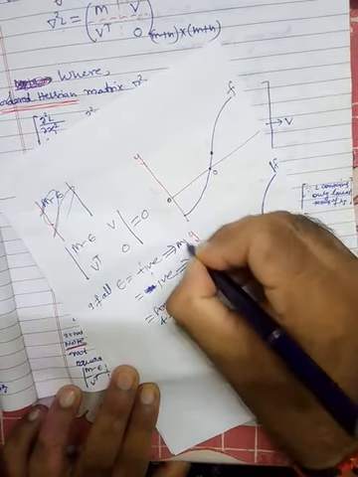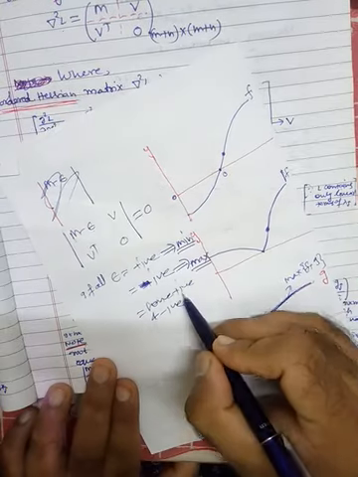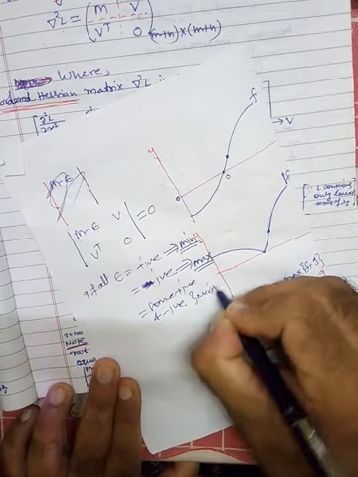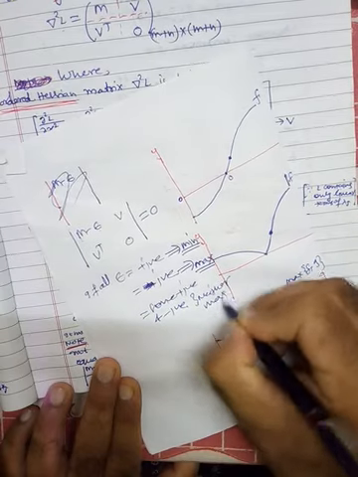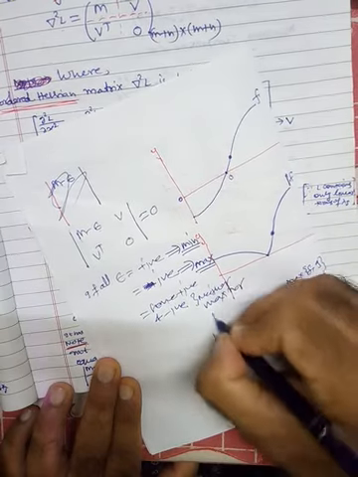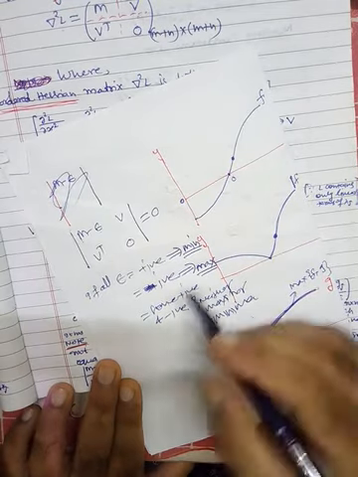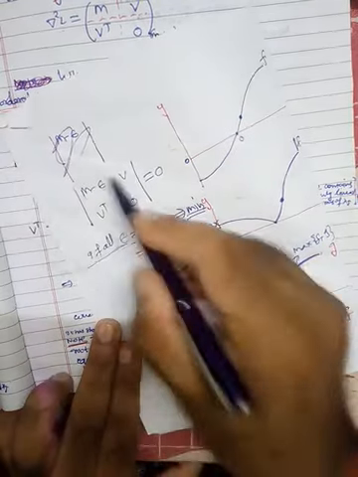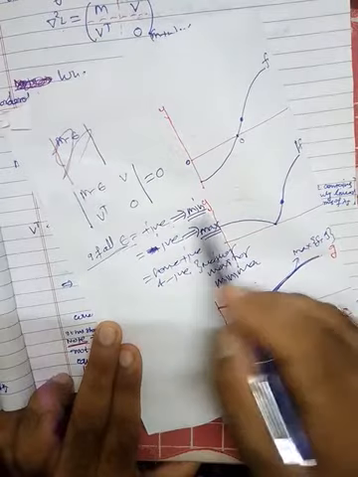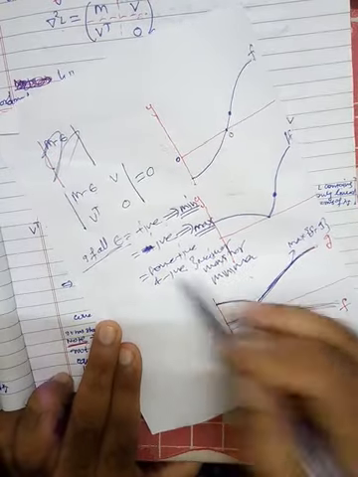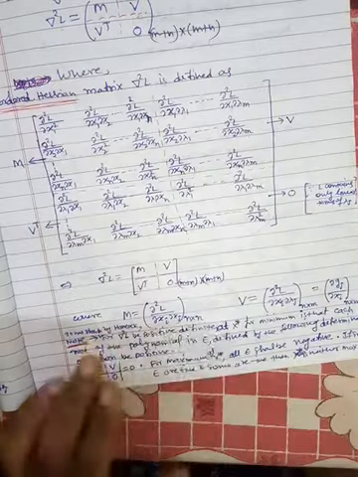Positive means minima, and some are positive and some are negative means neither maxima nor minima. Fine. So if all the roots of this equation are positive, then minima. If all are negative, then maxima. If some are positive, some are negative, then neither maxima nor minima. Fine. This is the way.